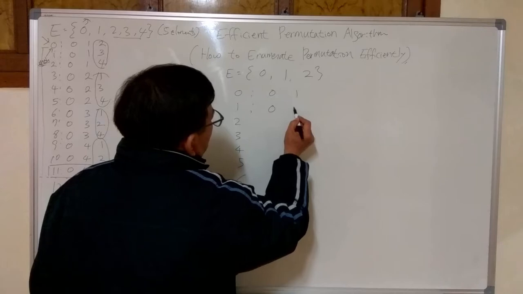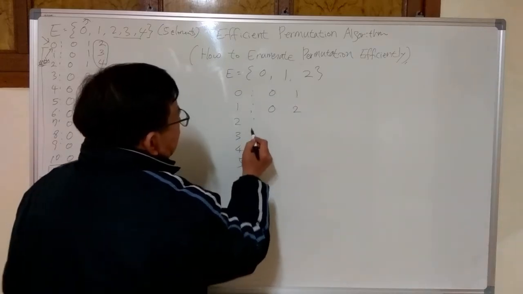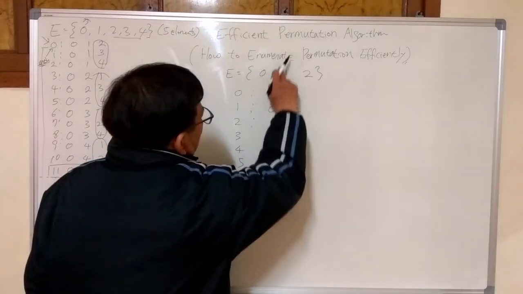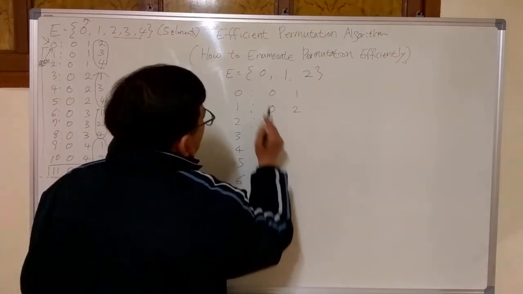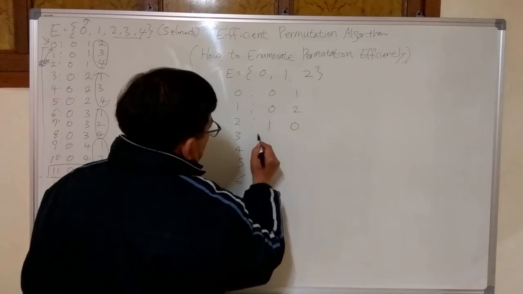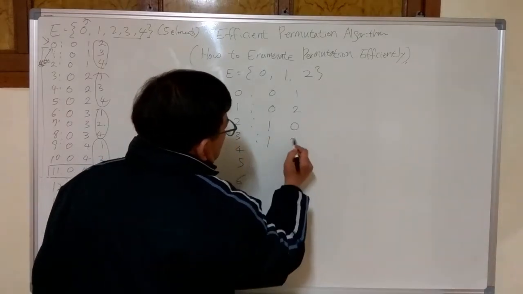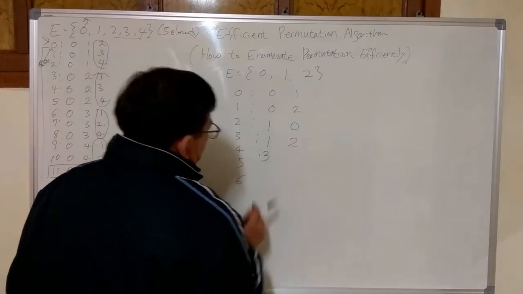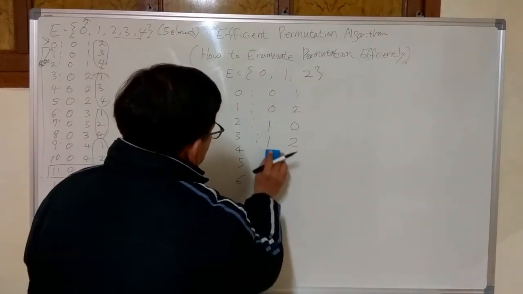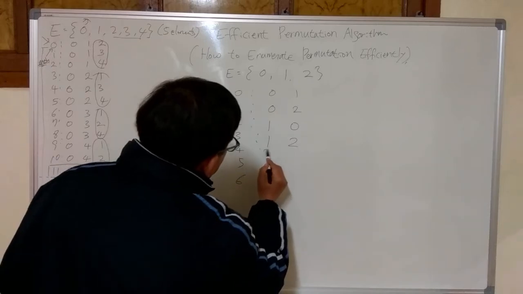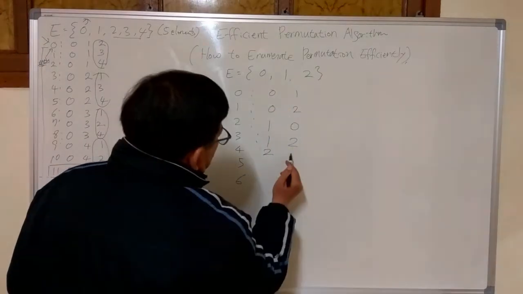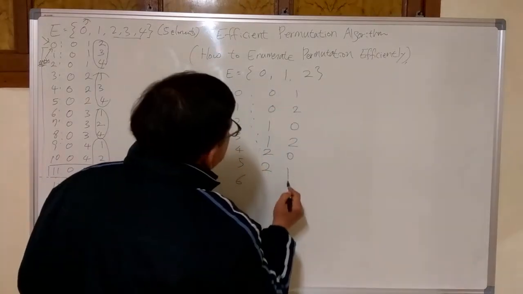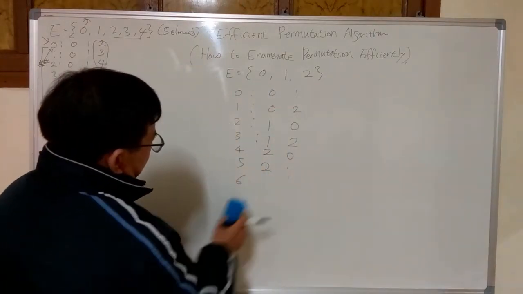Second, 0, 2. Then this is third: 1, 0. Then 1, 2. Now we choose 2, 0, then 2, 1. We are done.